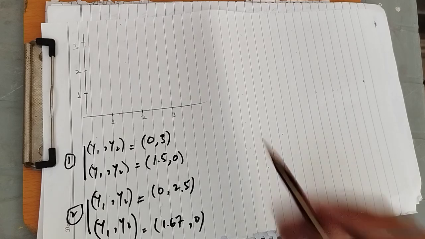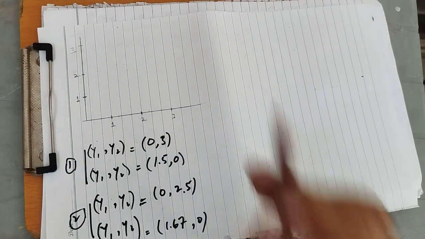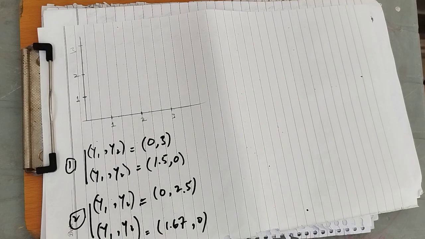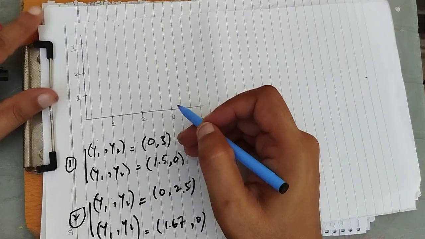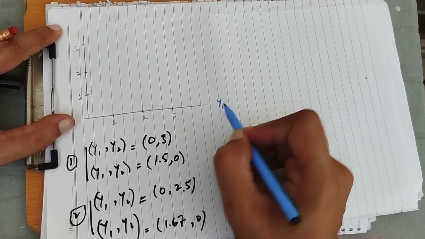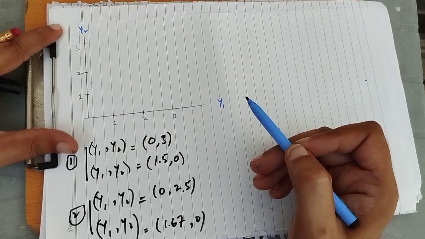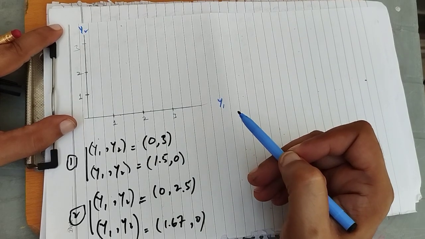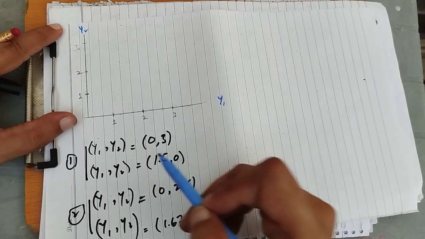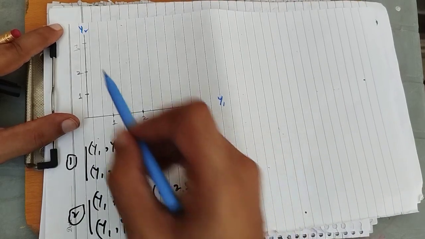Now we have to draw 0, 3. This is y1, this is y2. Okay, so y1 is 0 and y2 is 3.